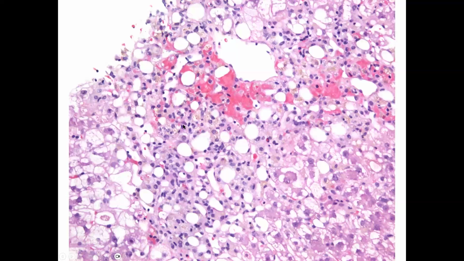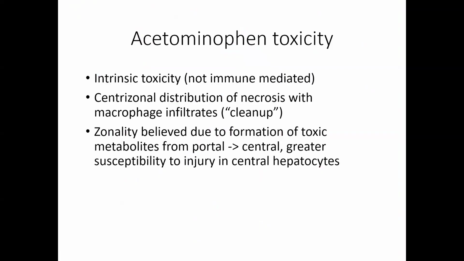And so there's this centrozonal necrosis present here with some macrophages that have cleaned up around here. This particular case came from a patient who had a recent injury and was taking more Tylenol for that injury than she typically did for some arthritis pain. And so this is an example of acetaminophen toxicity.